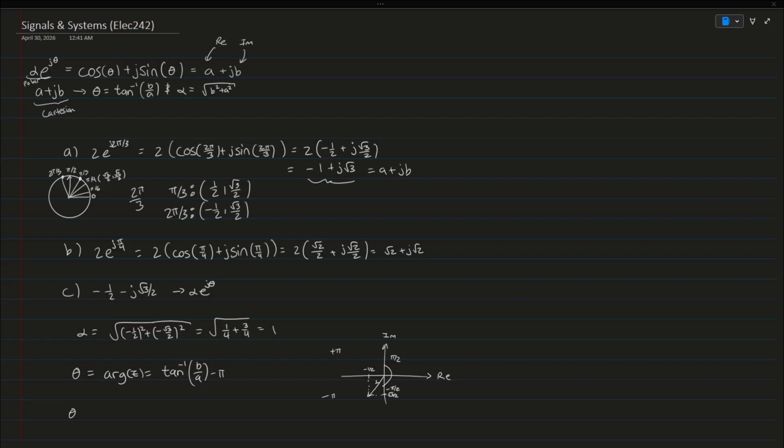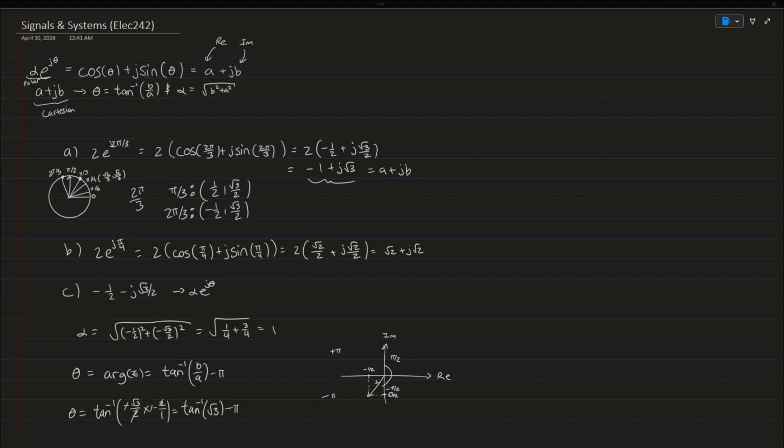So theta is going to be tan inverse of negative root 3 over 2 divided by negative 1 over 2, or just multiplied by negative 2 over 1. The minus cancels, and so we get tan inverse of root 3 minus pi.